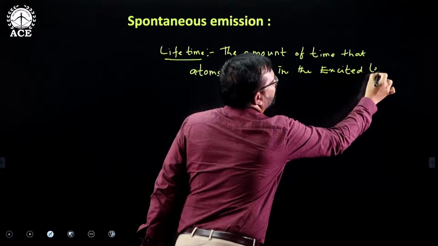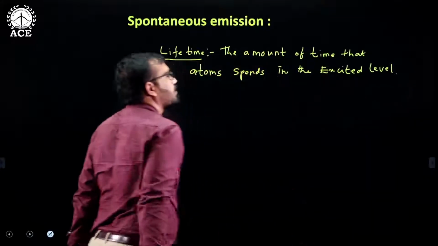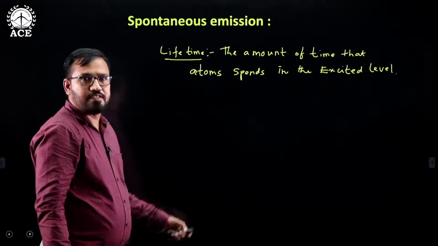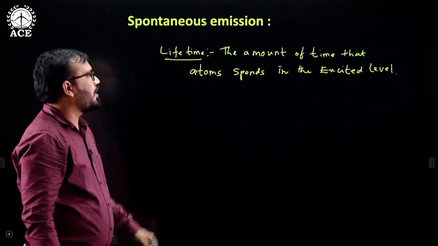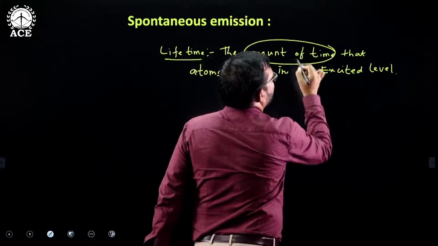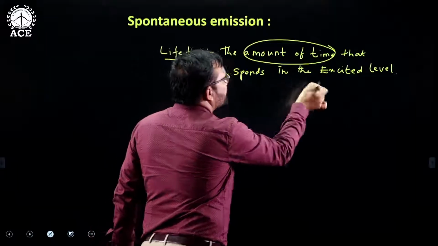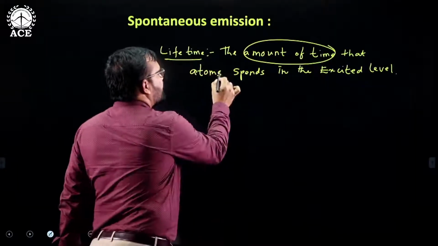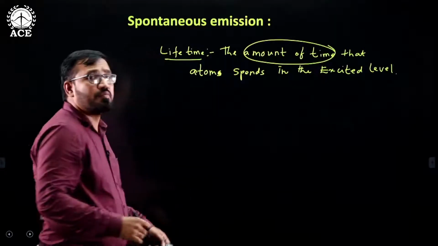The atom is excited from a lower energy level to a higher energy level. Lifetime is nothing but the amount of time that the atom spends in the excited level. How much time does the atom spend?